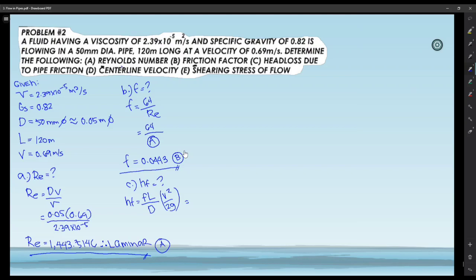Ayan. So, isulat lang natin. Ito is A multiplied by the length. So, friction factor, this is letter B, multiplied by the length of the pipe, 120, all over diameter of pipe na 0.05, times the velocity 0.69, naka-squared siya, all over 2 times 9.81 or 19.62.